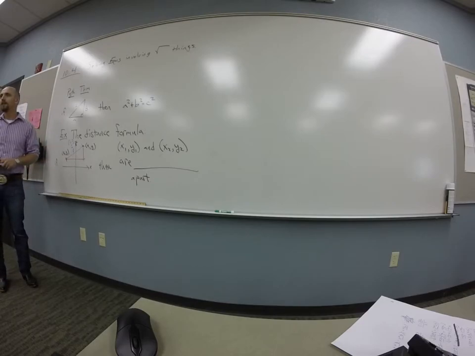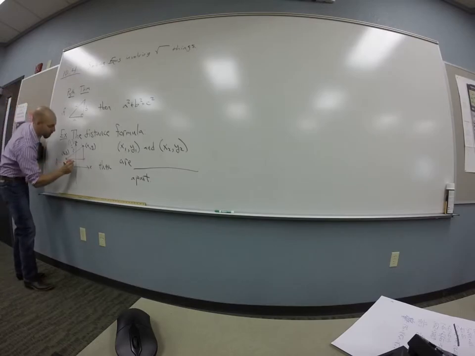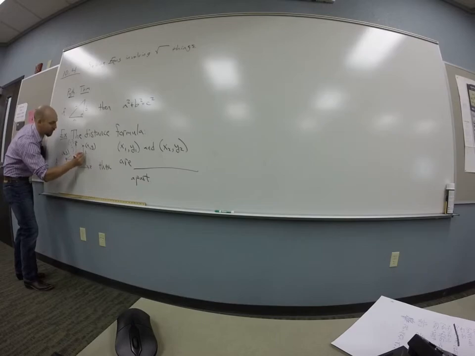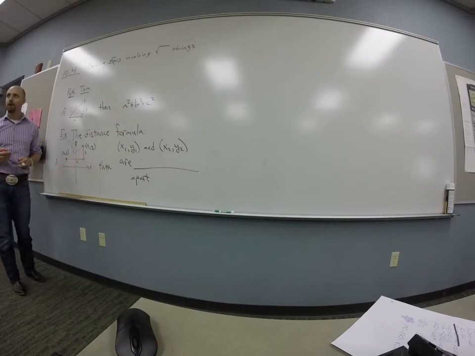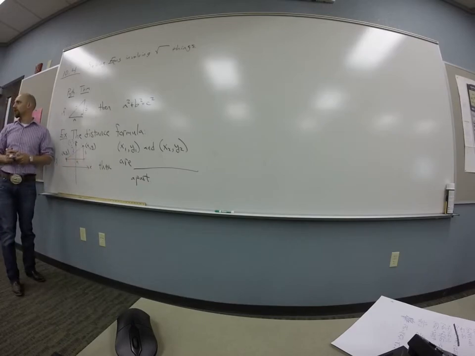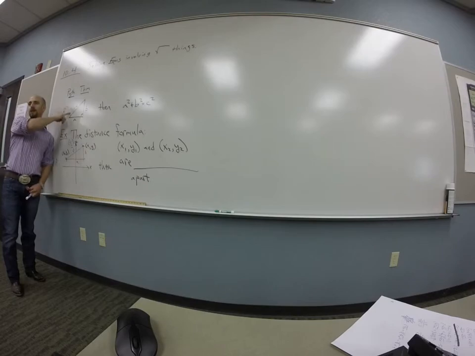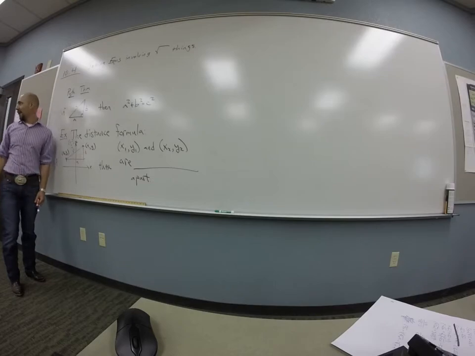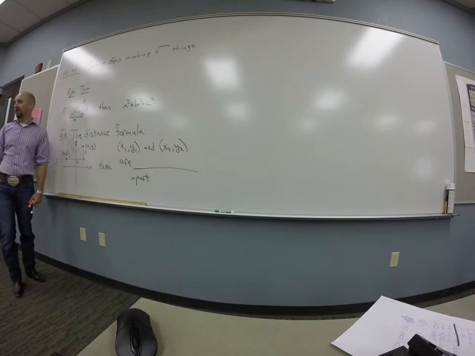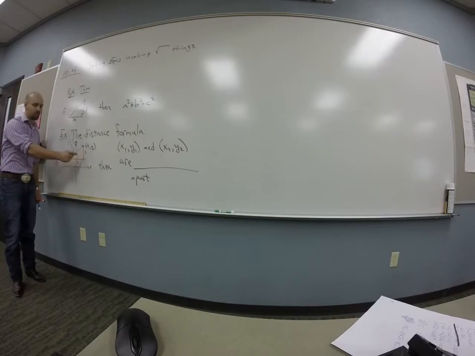It doesn't matter which side. Let me label a side A and B, and then maybe we'll figure it out. What else do I need to know about this? What were the important things in the Pythagorean theorem? That I had C on the long side, and A and B didn't really matter. They just need to be in there, and I need a right angle. How do I know the angle in this corner is right?